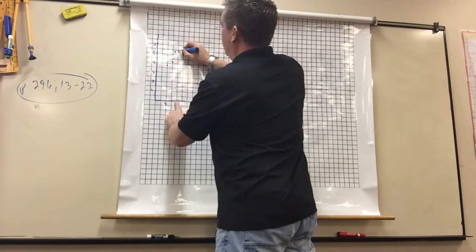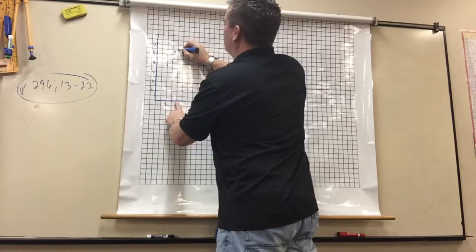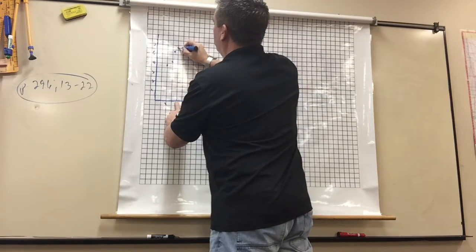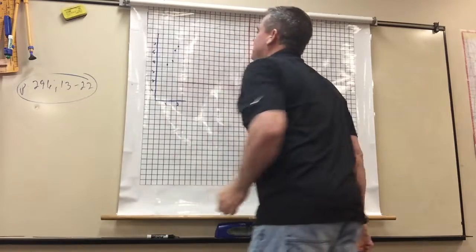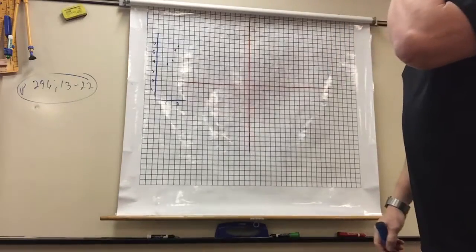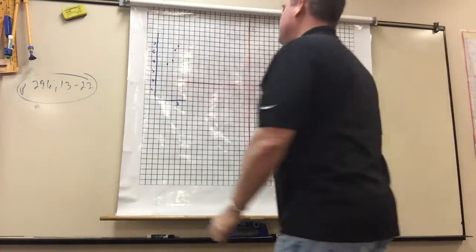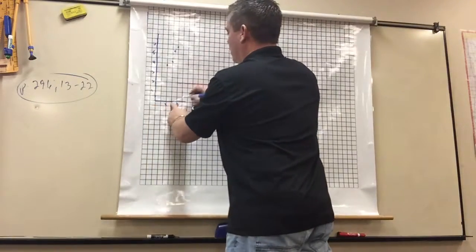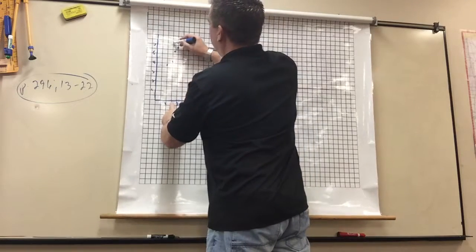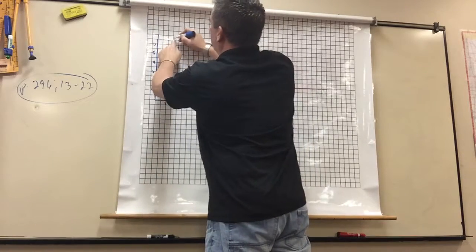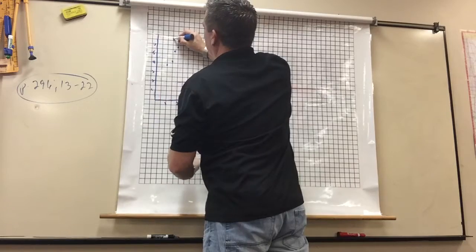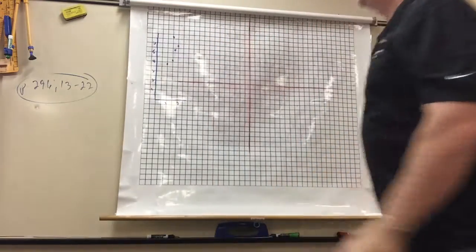Here's 5.5, 6, 7, 8, right about there. And the last one is 1.5 and 6.7. Here's 6, 6.5, 6.7 right there. So you can see it's a positive correlation.